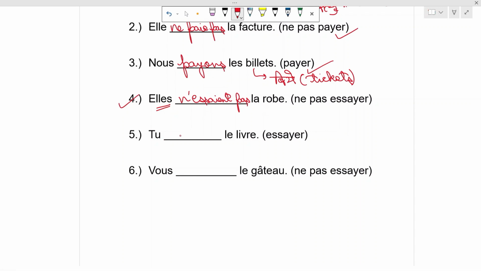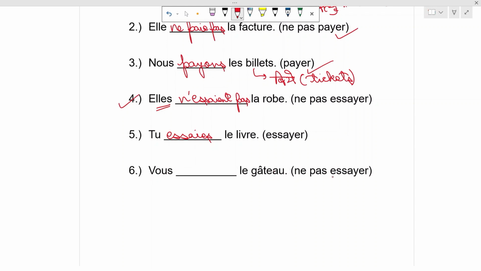The fifth one is tu essaies le livre. The fourth one was they are not trying the dress. The fifth one is you try the book.